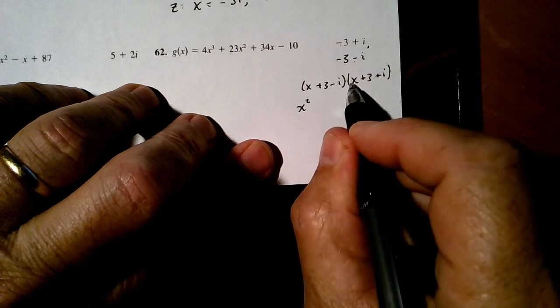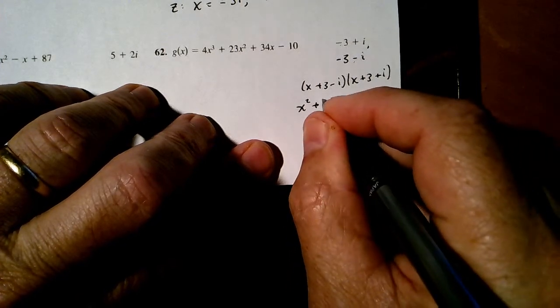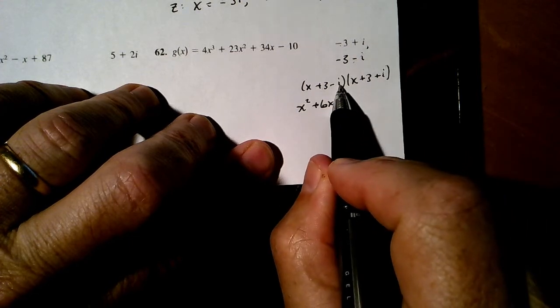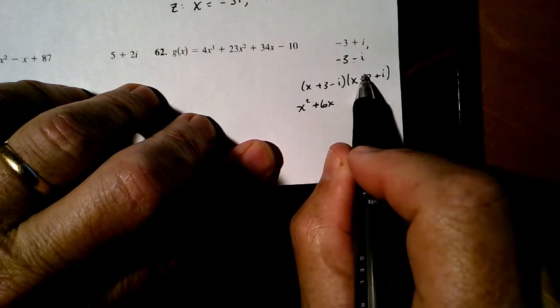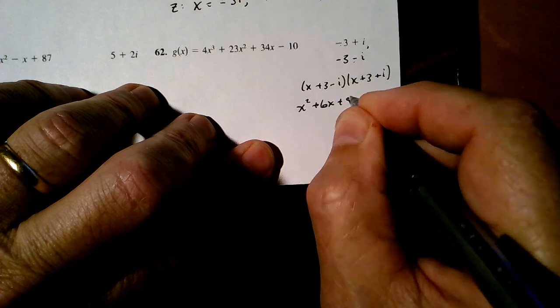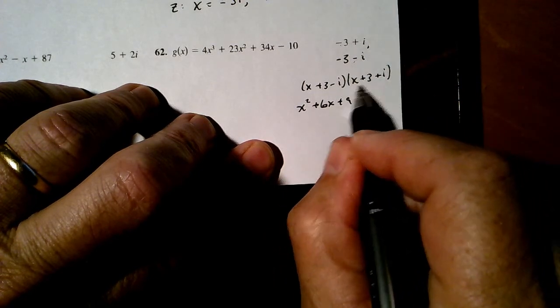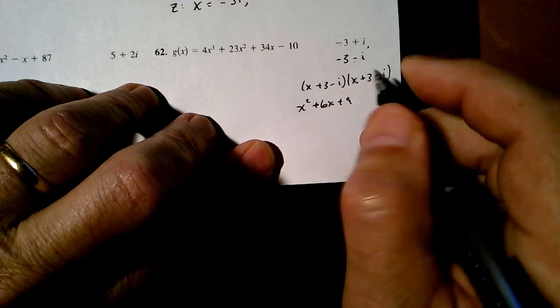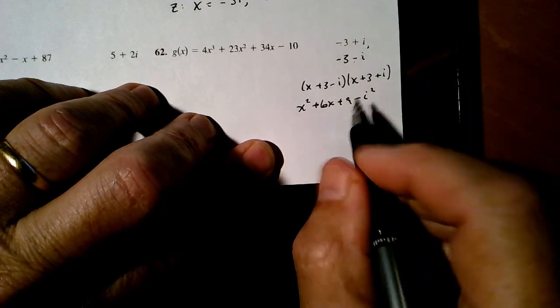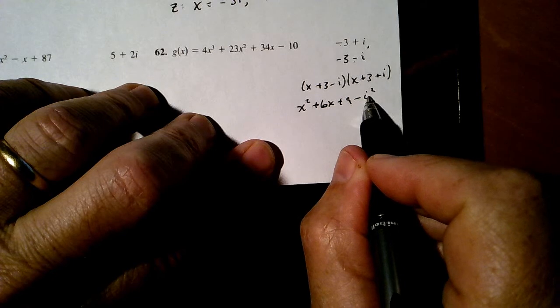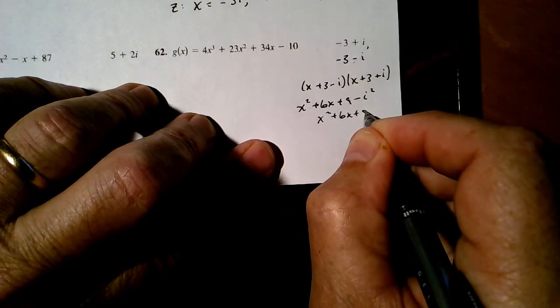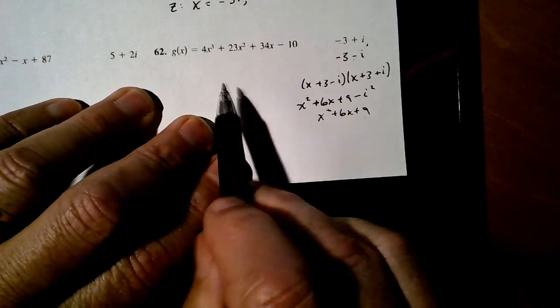I'm going to get plus 3x's and plus 3x's, plus 6x's. I get an xi, but a minus xi. Done with the x's. I get a plus 9. I get plus 3i, minus 3i cancel. And all that's left is I get a minus i squared. But that is minus negative 1 plus 1, so x squared plus 6x plus 9 must be a factor of this.